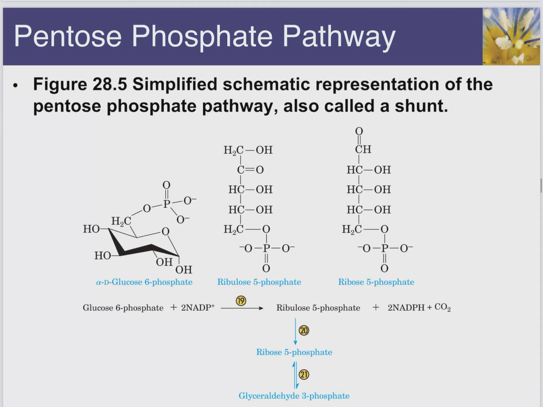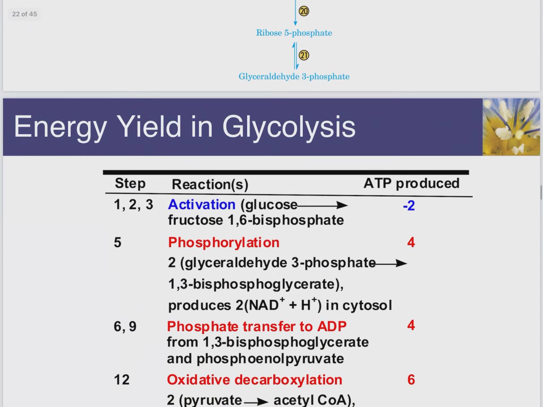Now, ribose 5-phosphate, ultimately the molecule we get, we can still actually turn that back into glyceraldehyde 3-phosphate if we wanted to. And glyceraldehyde 3-phosphate, if you remember from a few minutes ago, was the molecule that we got after we cut our glucose in half. Our, what was it, our fructose 1,6-bisphosphate. When it got cut in half, we got a glyceraldehyde 3-phosphate. So it can enter into that pathway if we needed it to.